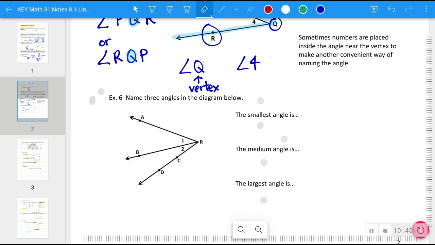Okay, so the next thing we're going to look at here is naming the 3 angles, just more practice, naming the 3 angles that are in this diagram. All right, the smallest angle, let me show you the smallest angle here. I'll color it in blue.